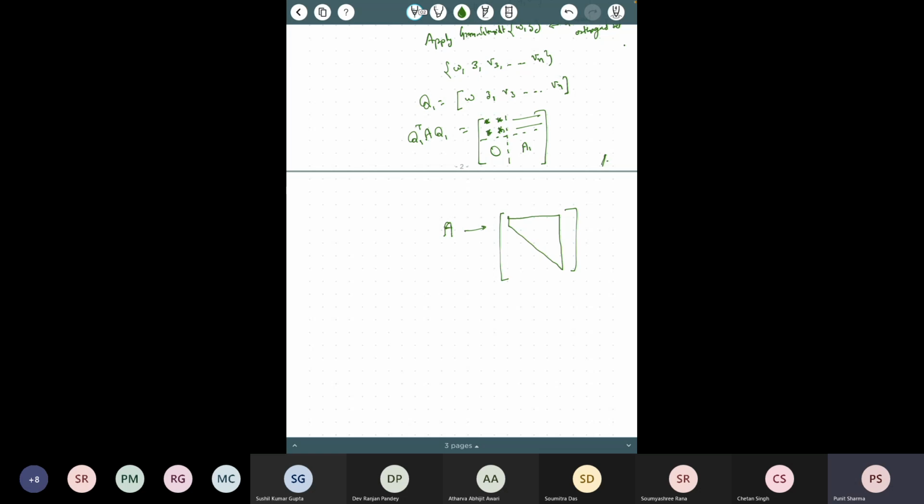The only problem you might face is that you need to be careful while choosing rotators and reflectors, because in this case this matrix A will have complex eigenvalues. You have to choose the orthogonal transformations, rotators and reflectors, in such a way that you only remain in real arithmetic. You understand what I'm saying? Yes, sir.